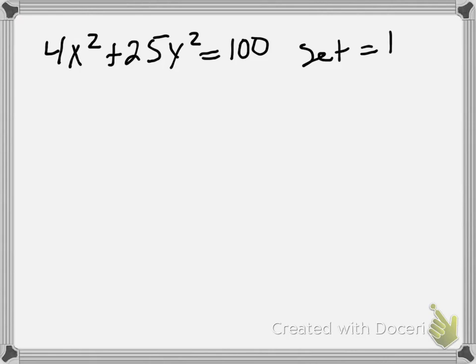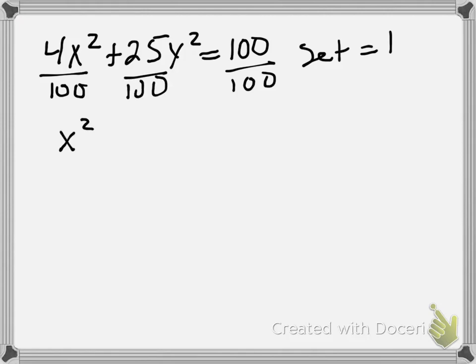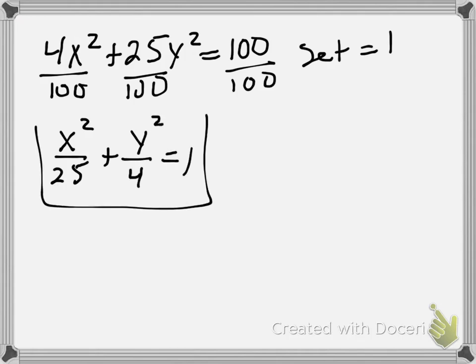So if we set it equal to 1, we basically have to divide everything by 100. So what that's going to give me, if I simplify, 4 over 100 equals 1 over 25. 25 over 100 is 1 over 4. And there's our standard form.